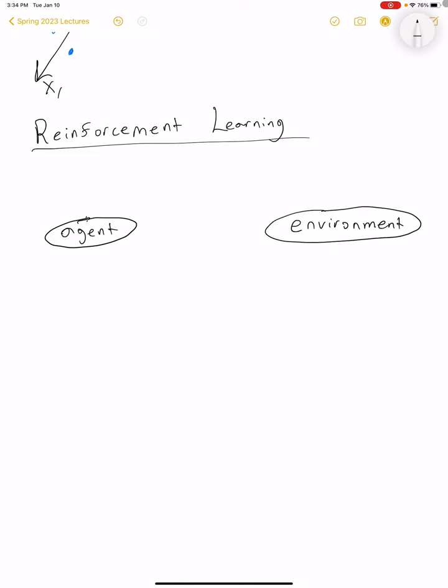So we're going to start talking about modeling, where you have an agent, like a robot or a self-driving car, that acts in an environment. So it takes actions in an environment and gets rewards for taking those actions.